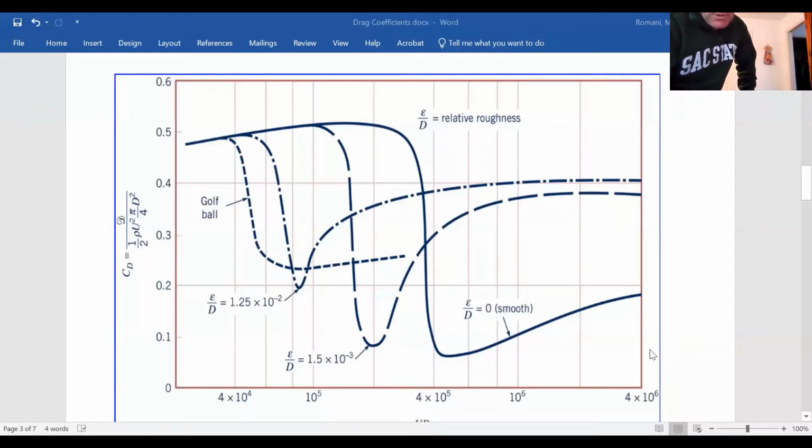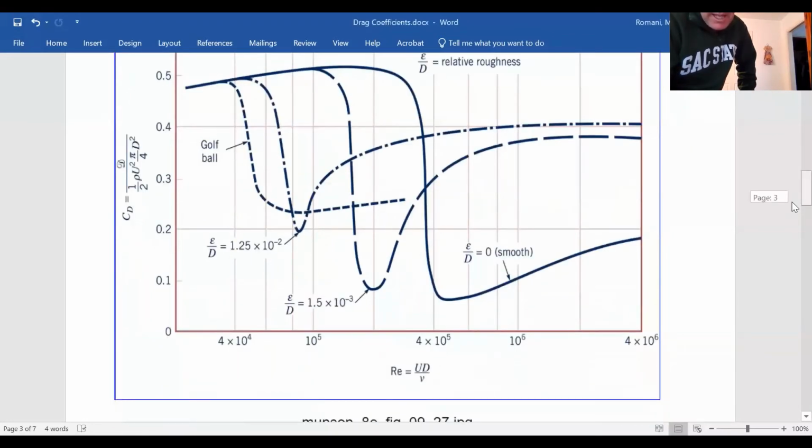So let's find the smooth curve and also take a look at what the x-axis is. The x-axis is our Reynolds number. The y-axis is our coefficient of drag, which would be our basic formula for drag rearranged, solved for the coefficient of drag. There's that 1/2 rho u squared term, and that is the frontal area of a sphere. If you were looking at the sphere from the front, what area would you see? You would see pi d squared over 4.